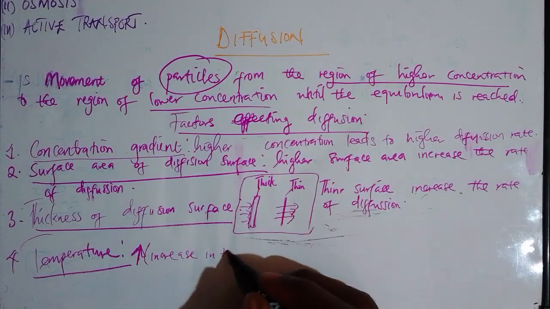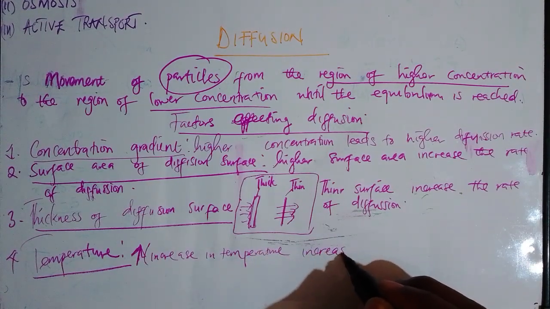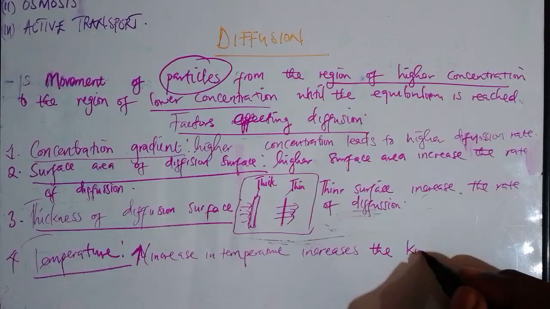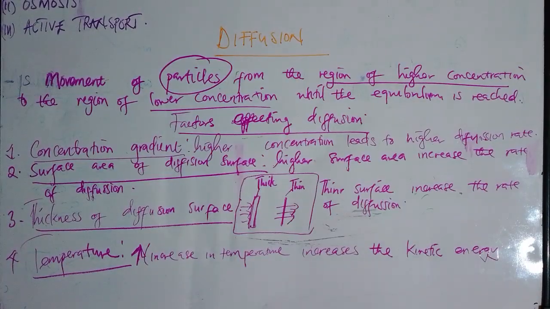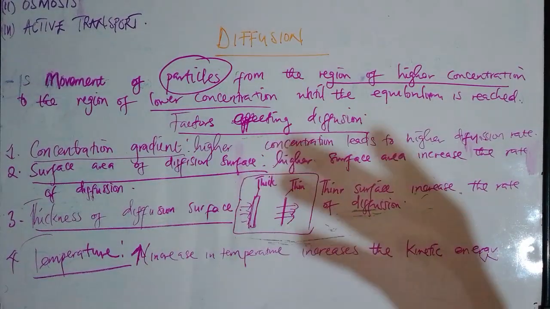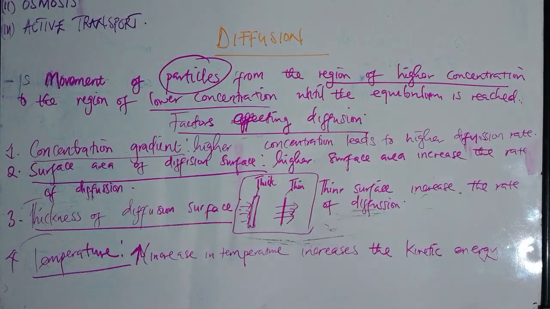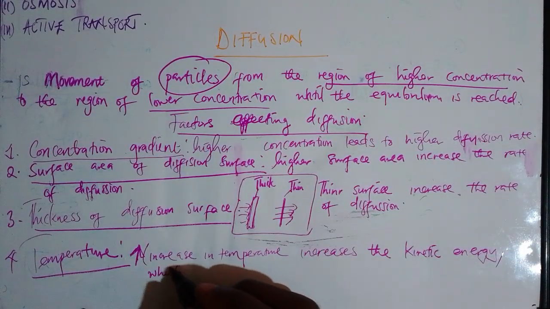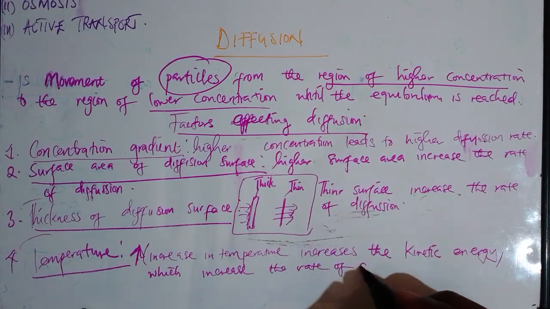Increase in temperature increases the kinetic energy, which in turn increases the speed of the particles. So when the speed of the particles increases, of course, diffusion will do what? Will increase. So therefore, increase in temperature increases the kinetic energy, which increases the rate of diffusion.